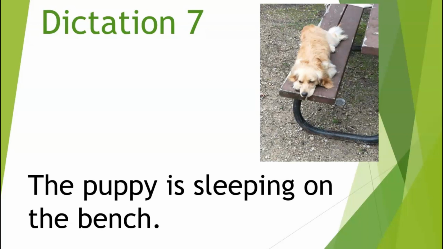Now, can you find the prepositional phrase of place? And it is right here. So on the bench is a prepositional phrase of place. So on is a preposition of place, and on the bench would be the phrase.